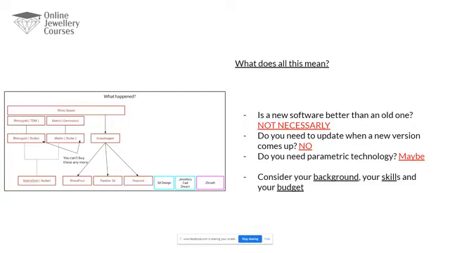Always consider your background, your skills, and your budget. What do I mean by that? For example, I use Matrix at the moment, but probably 80% of the tools I use are Rhino tools. Why is that? Because I started using Rhino before I was even shaving.